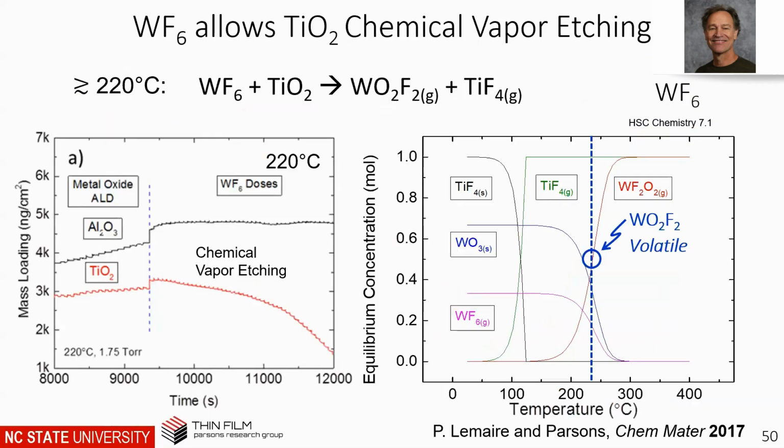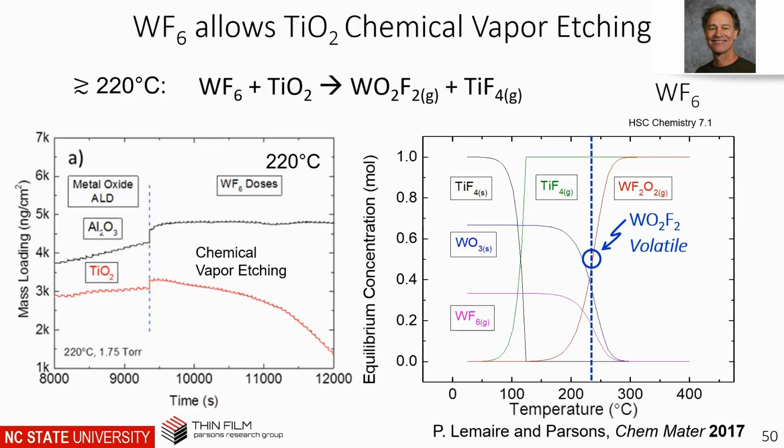Now, it turns out that if you expose TiO2 to WF6, the reaction thermodynamics, which result from what we call HSC calculation, or HSC estimation, say that if you take these two reactants, WF6 and TiO2, and heat them up to 250 degrees, these two chemicals will react to produce WF2O2, which is a gas, and TiF4, which is a gas. So all you've got to do is take TiO2, expose it to WF6, heat it up, and it should etch.